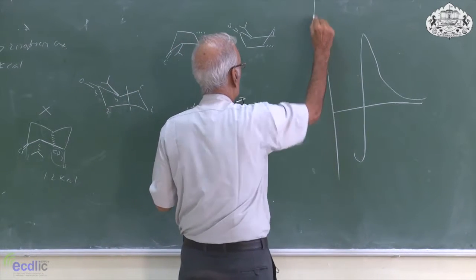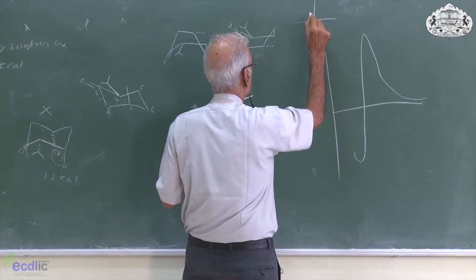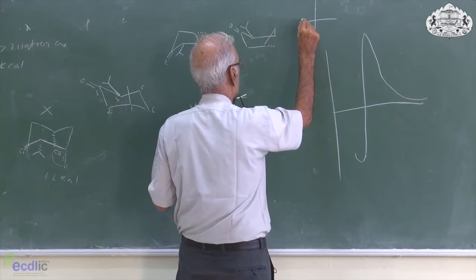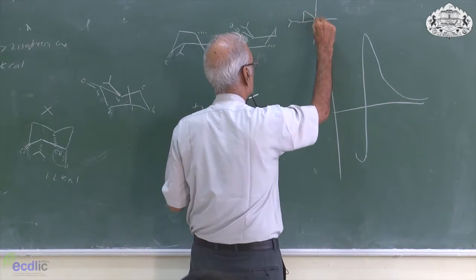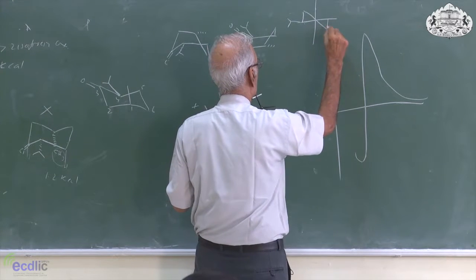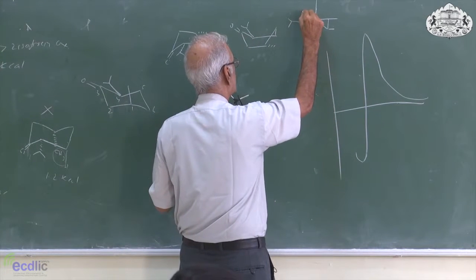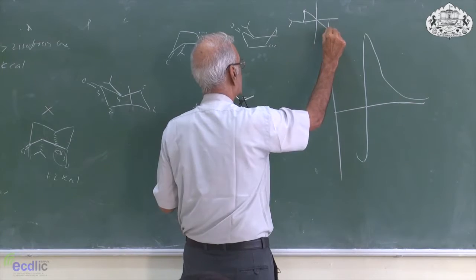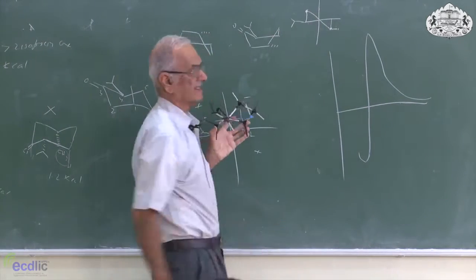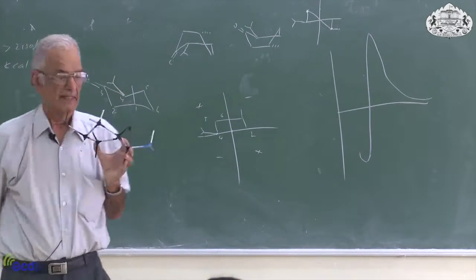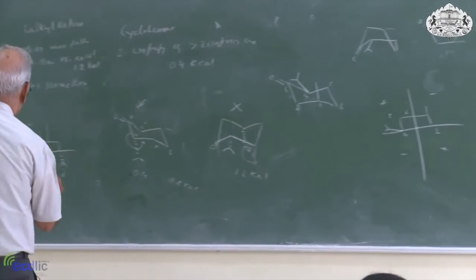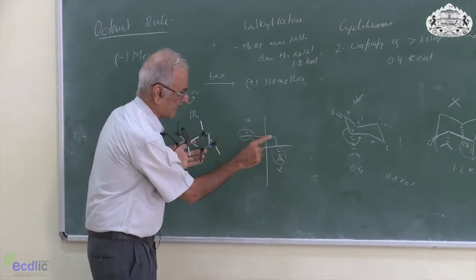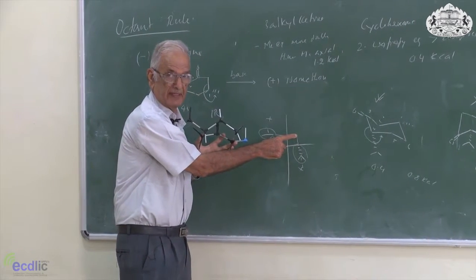Now, let us draw this. That is your isopropyl group. This is positive, this is positive, this is positive. In the normal projection, the positive of this carbon is cancelled by the positive of this carbon.